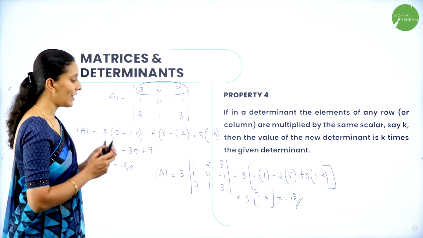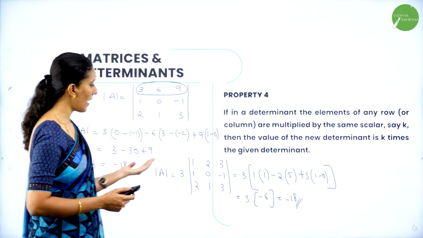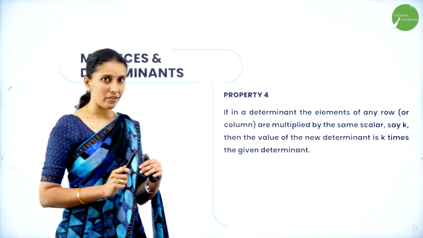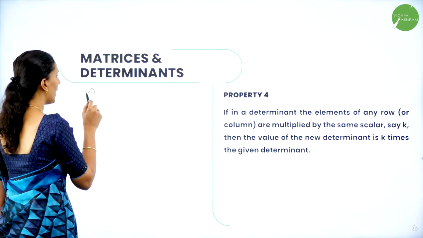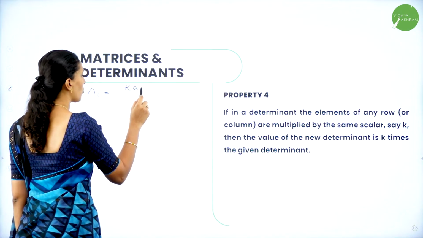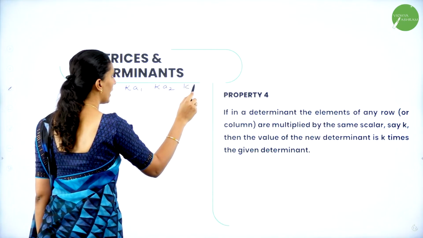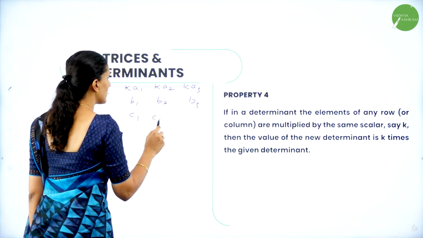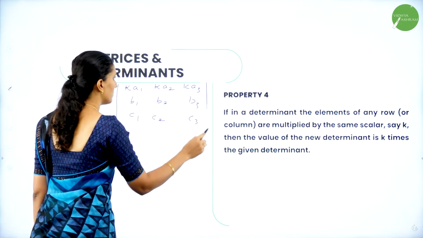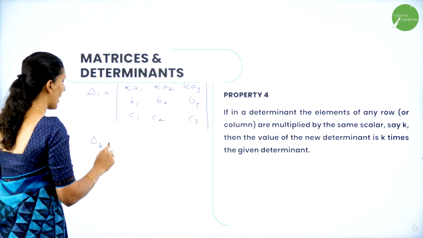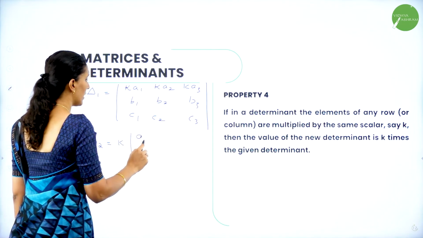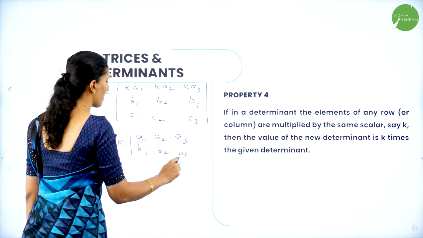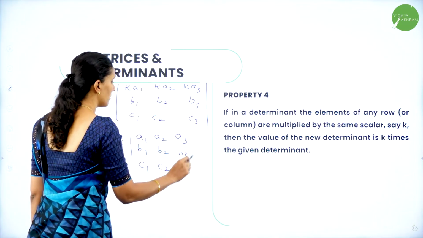Therefore, the value of the determinant is the same as the product of the scalar with its determinant. Hence, I can write in general, if delta 1 is the determinant with rows KA1, KA2, KA3, B1, B2, B3, C1, C2, C3, then I can write delta 2 as K into the determinant A1, A2, A3, B1, B2, B3, C1, C2, C3.